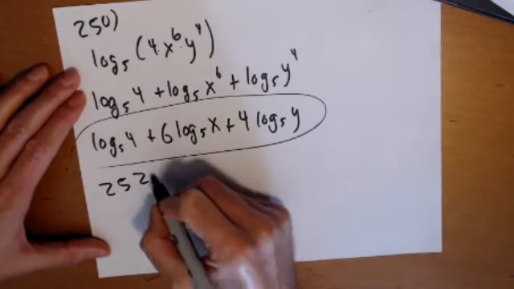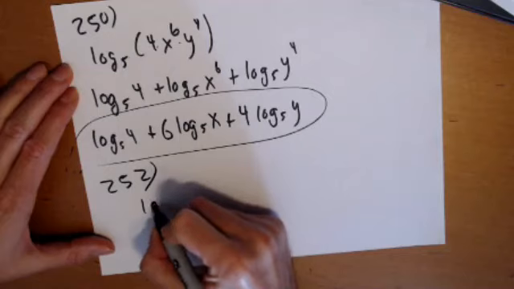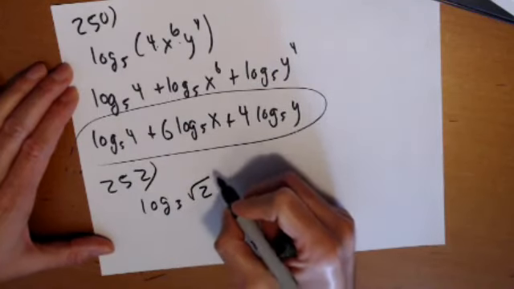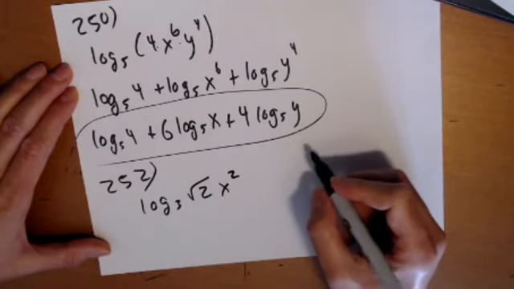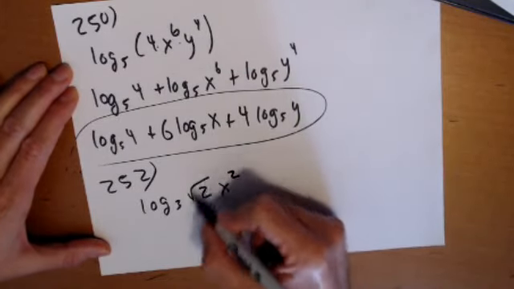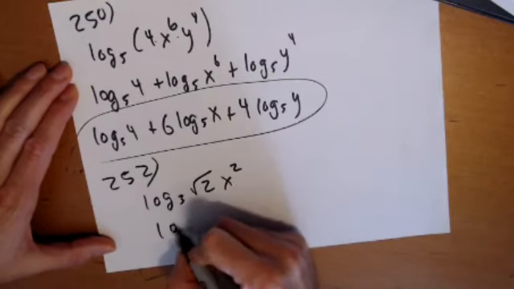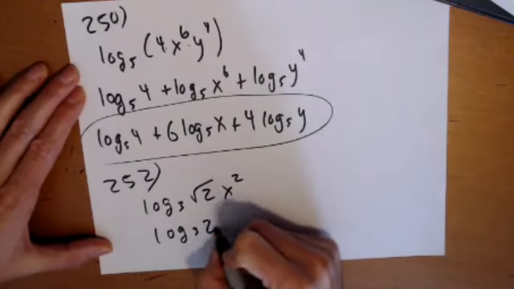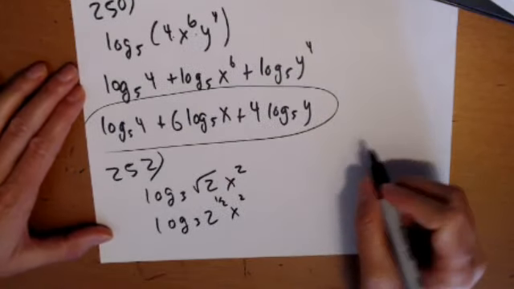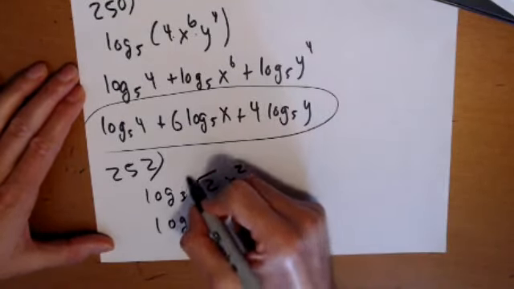Let's do 252 really quickly. Log base 3 of the square root of 2, x squared. Square root of 2, that radical symbol, can we turn that into an exponent? So isn't that log base 3 of 2 to the 1/2? And then put some parentheses, it looks prettier.